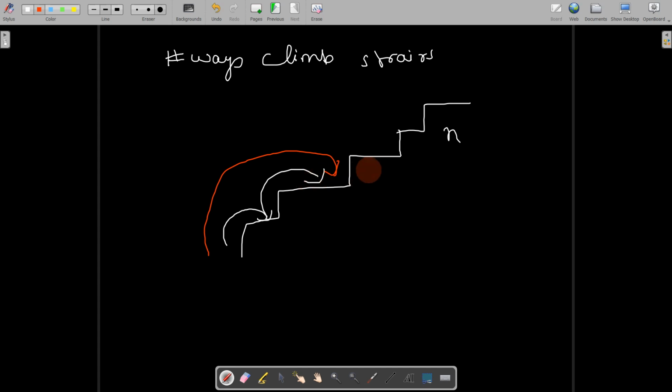So in how many ways can you complete climbing n stairs? That is the question, and this question is also solved using the Fibonacci series. How? Let us see.